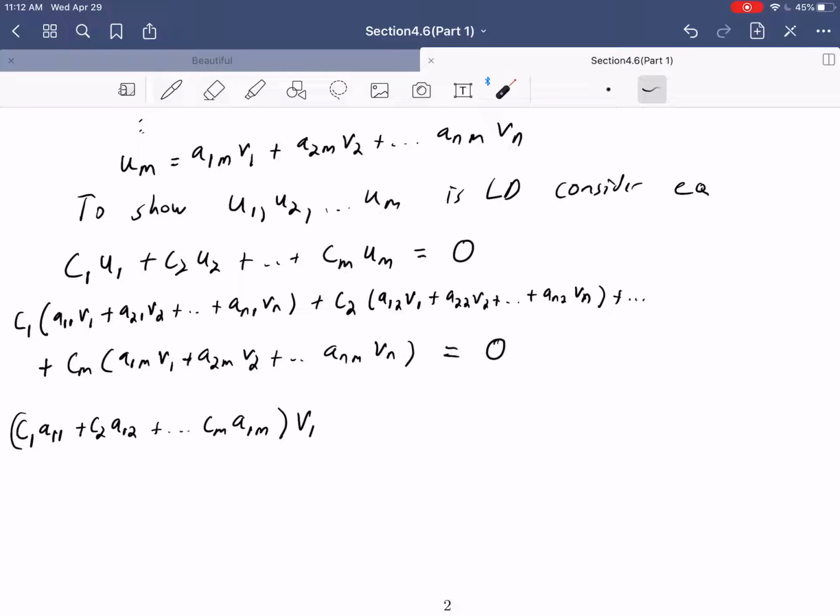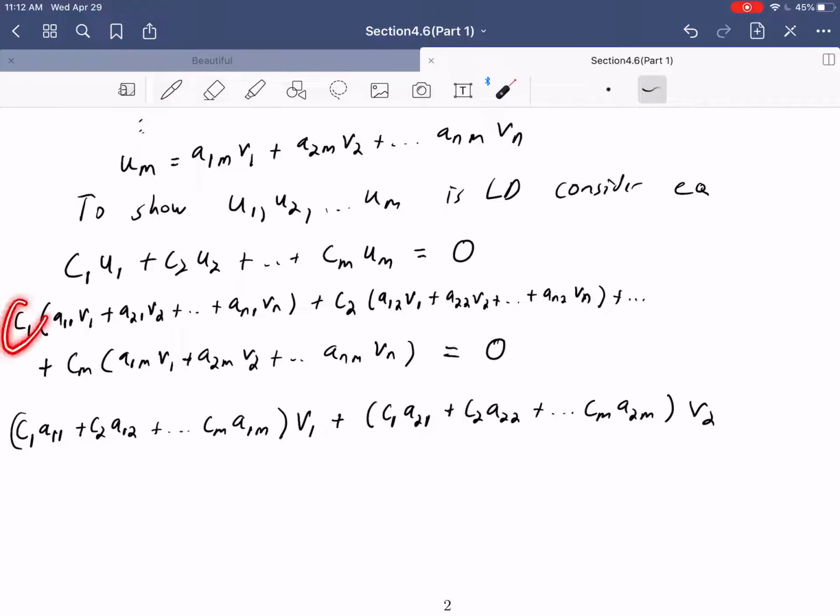All I did there is gather all the v1 terms. Then everything that's v2: (c1 a21 plus c2 a22 plus dot dot dot cm a2m) all times v2.